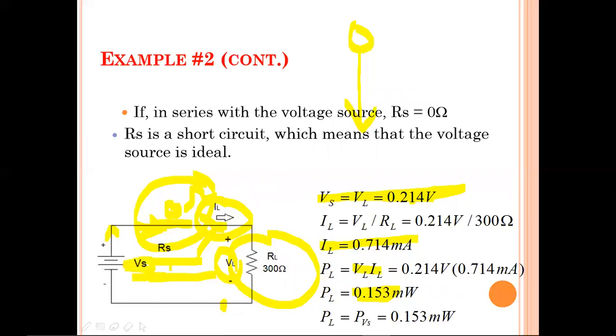Means the total power from the supply is equal to the total power consumed by the load. Why is the supply equal to the load? Since there is no internal resistance for using the current to create a power drop.